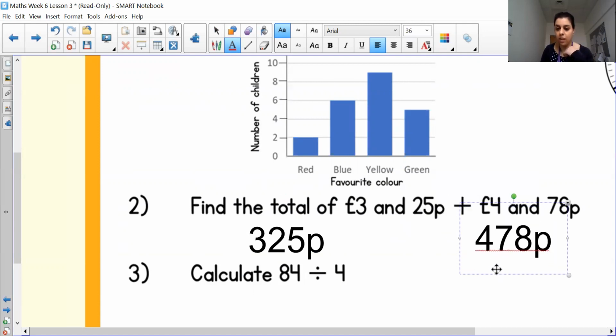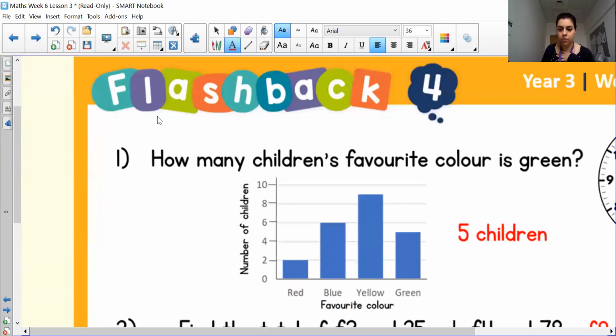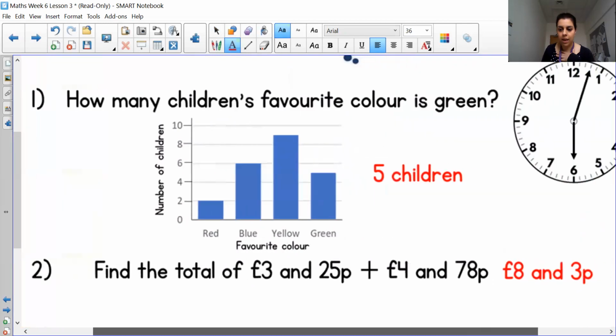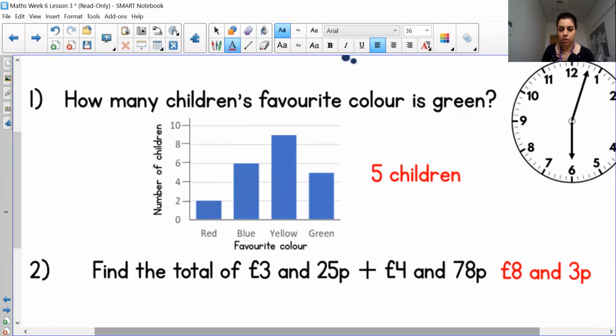What you could have done is use a number line, or you could have added 478 add 325, silly Miss Lewis, add them together, and that will find the total of them. Or you could start on 478 on a number line, and add the 300, then the 20, and then the 5. So hopefully you would have got £8.03 as your answer. So well done if you got that one right.